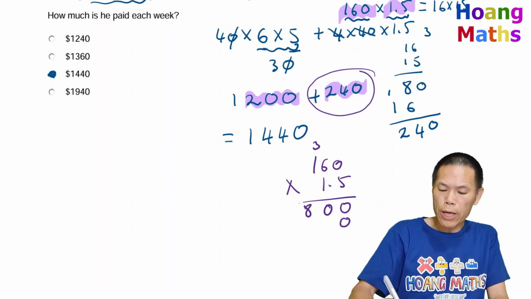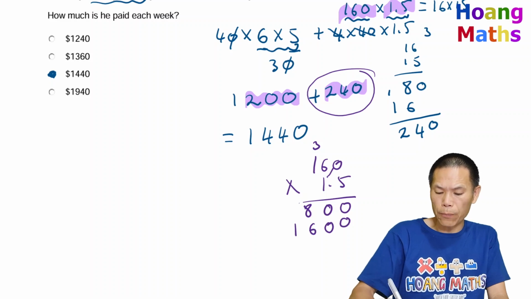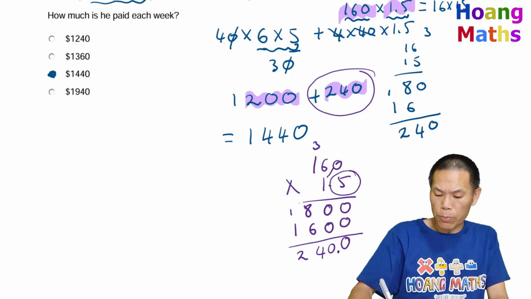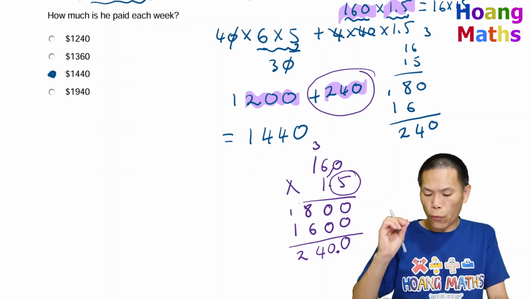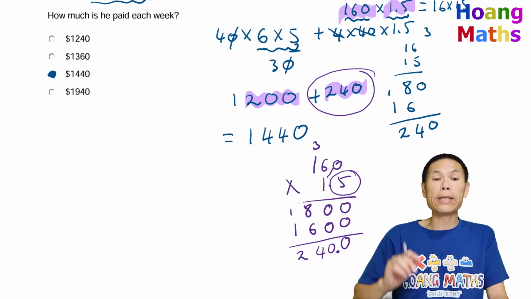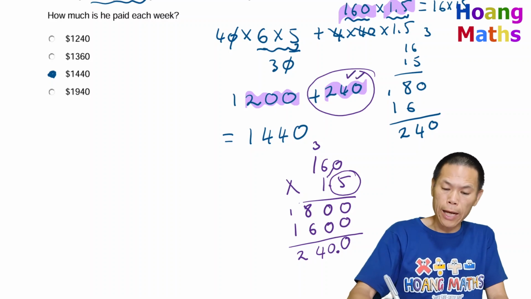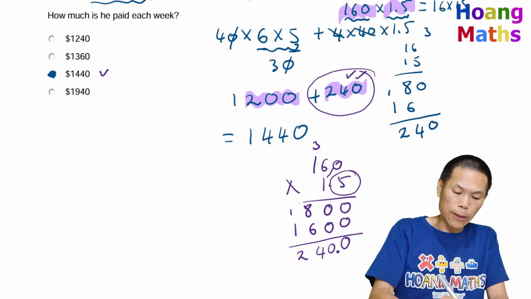And put a 0 here. 1 times 0 is 0. 1 times 6 is 6. 1 times 1 is 1. That gives me 0, 0, 4, 2. And we have one number after the decimal point, so we put a dot there. So 240.0 is exactly the same as 240. See, there you go. Okay, so the answer should be this one.